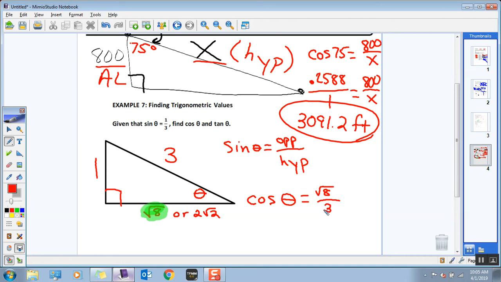Yep, adjacent leg root 8 over hypotenuse of 3. Okay, how about the tangent? How is tangent defined again? Opposite over adjacent. What's the opposite leg? 1 over root 8. I'd probably leave my answer like that, or multiply by root 8 over root 8, giving root 8 over 8. I'll talk more about simplifying that tomorrow.